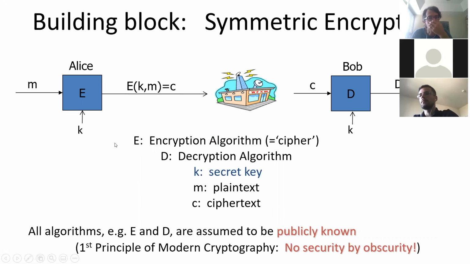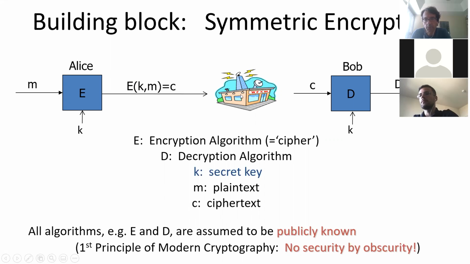The bread and butter of cryptography is symmetric encryption, and even more, a symmetric cipher. You'll see that the two are not exactly equivalent. Alice and Bob share a key, and there are two algorithms: encrypt and decrypt. Encryption takes a key and a plaintext message and outputs a ciphertext.